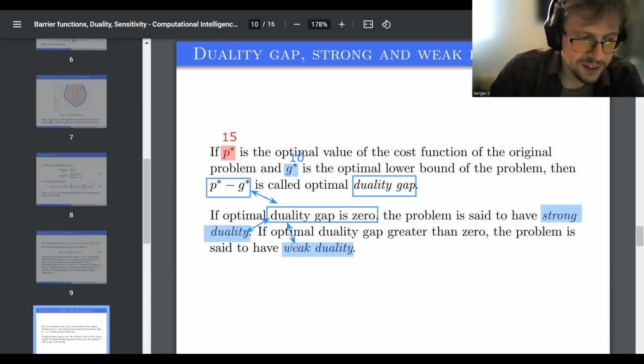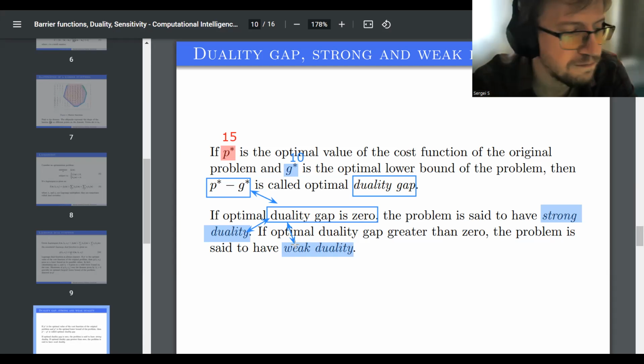If it is strong duality, you can imagine we can just solve the problem of finding the largest possible lower bound, and that would be a solution.